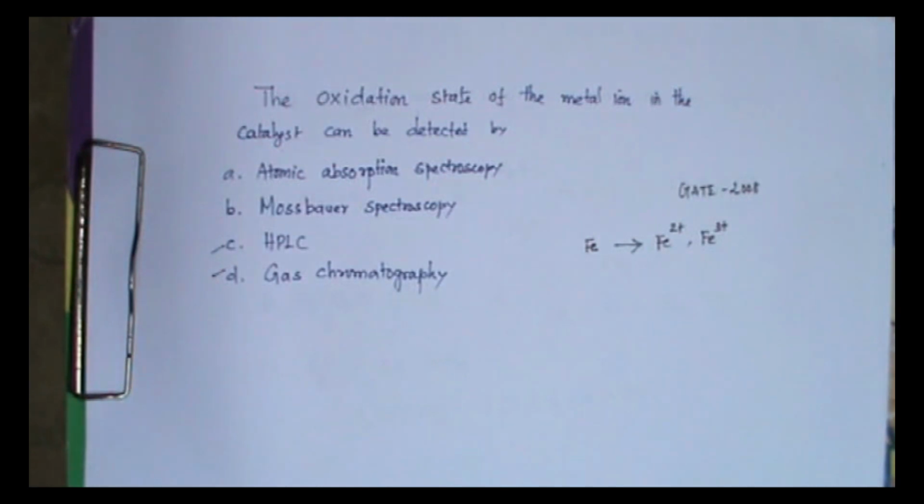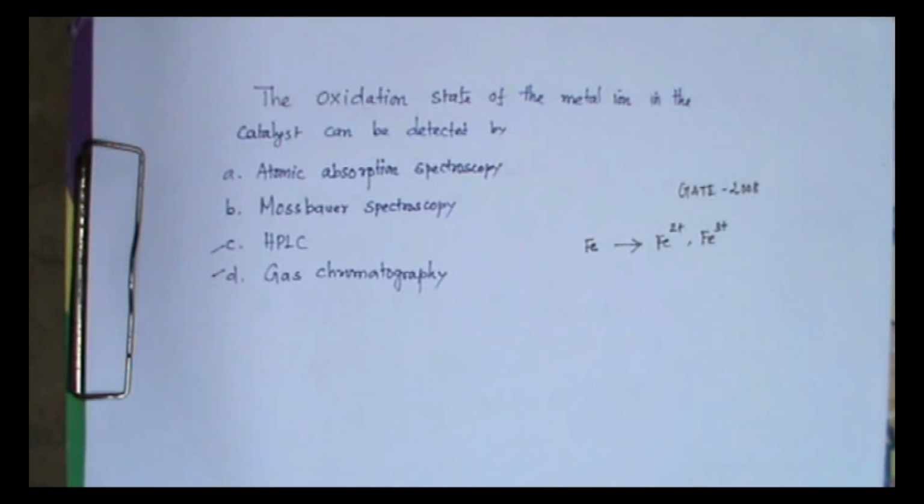Also in HPLC as well as gas chromatography, generally we don't inject the metal. It may not be soluble, it may get stuck in the column. The column is very expensive.